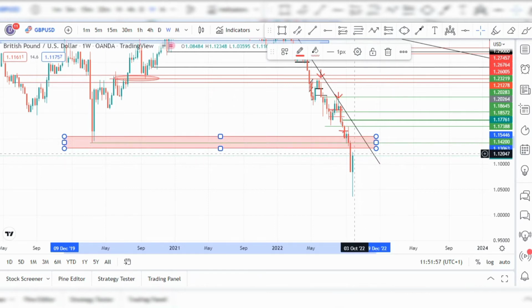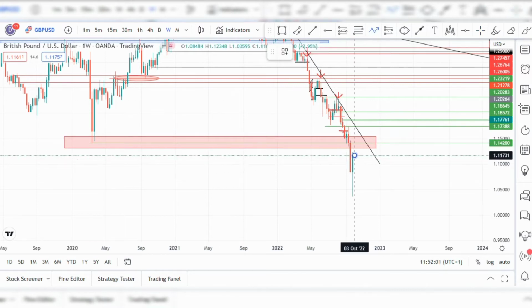So if price breaks through that, so this area all the way to the upside, through this zone, then price more or less has started reversing, and then I'll expect price to continue to the upside.